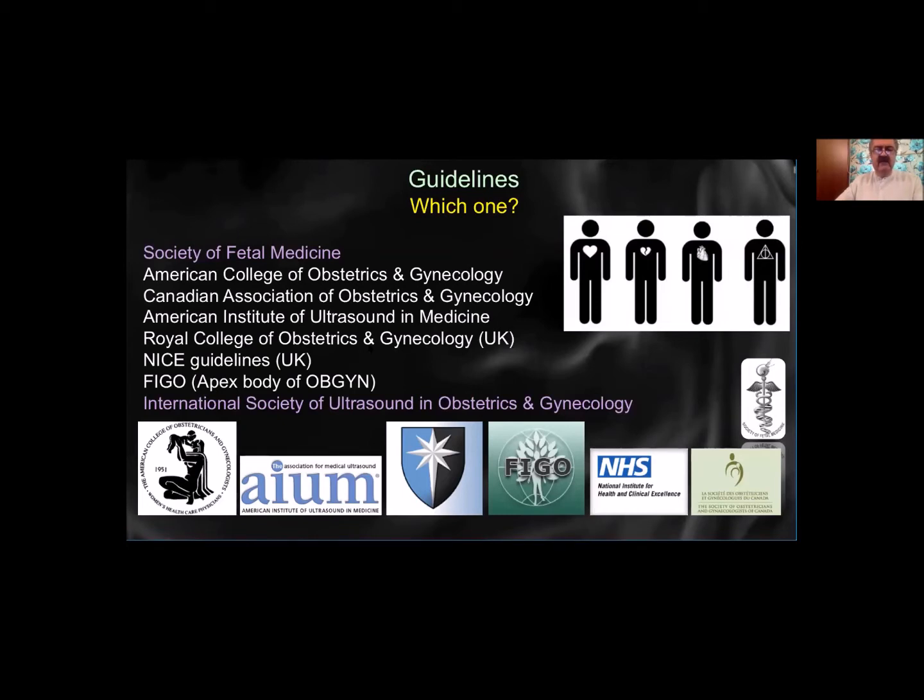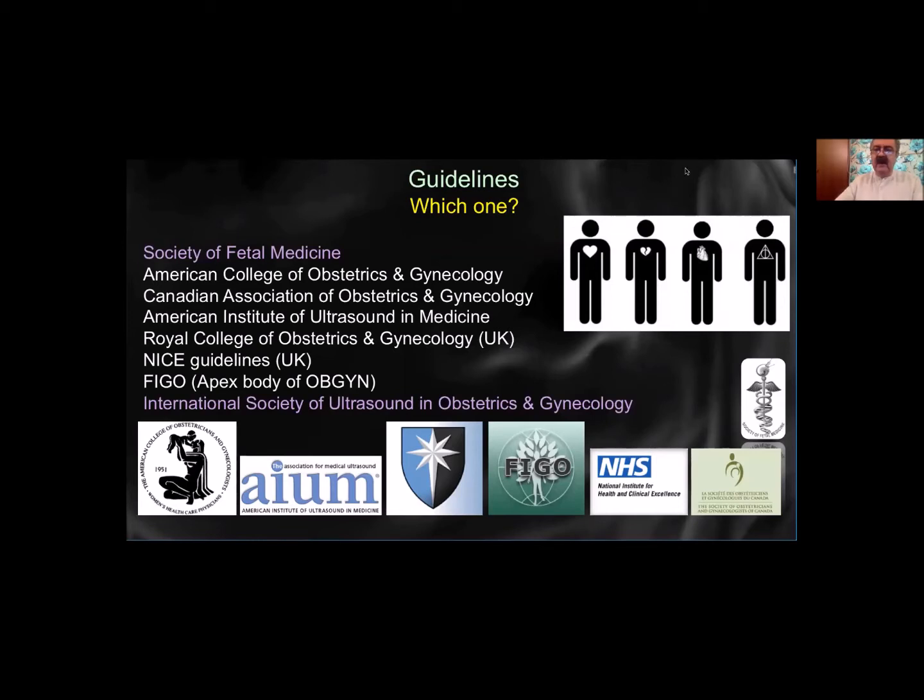If we go by the Fetal Medicine Foundation of the United Kingdom, they may not be appropriate for us because they're done by specialists. What we need are doable ones, and the 2 doable ones that you will come across are those from the Society of Fetal Medicine, which is a global forum of Indian origin, and we also have the ISUOG guidelines, which are from the International Society of Ultrasound in Obstetrics and Gynecology. And therefore, these are the 2 I usually like to follow in my routine work.